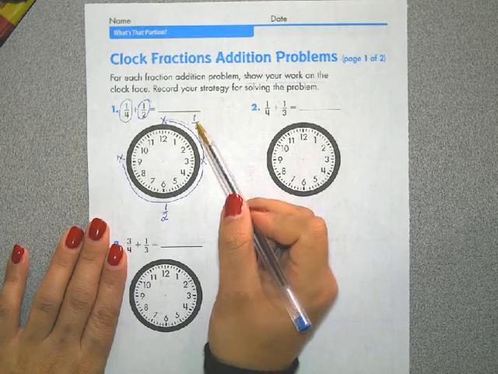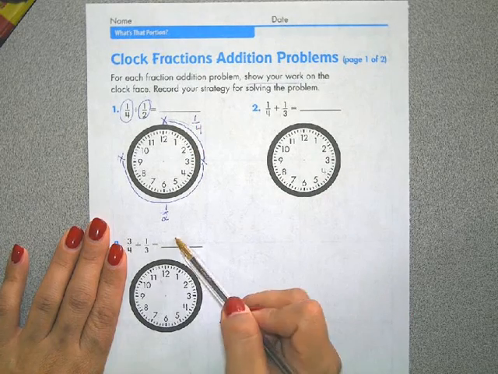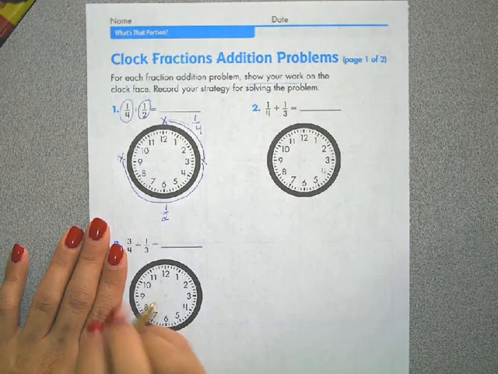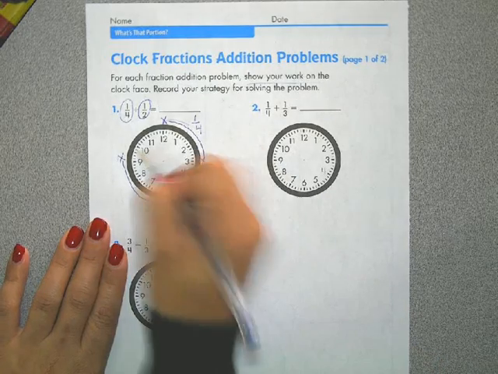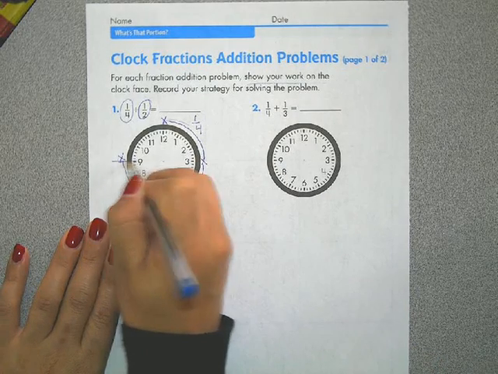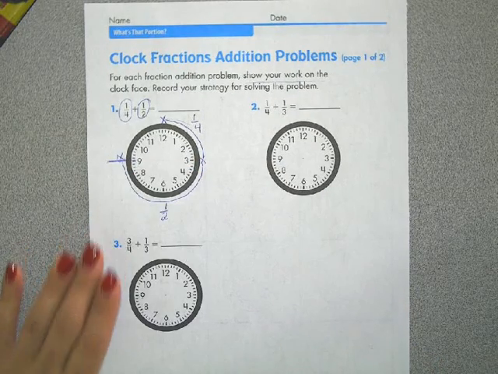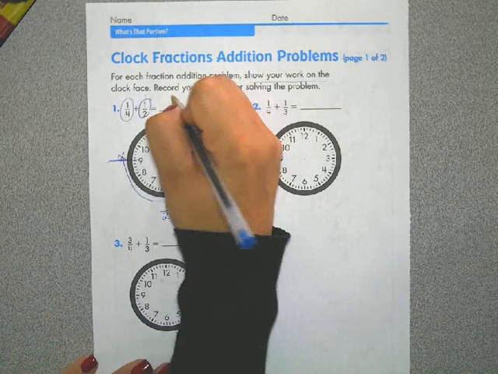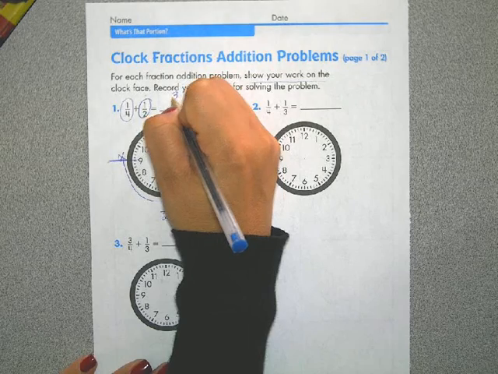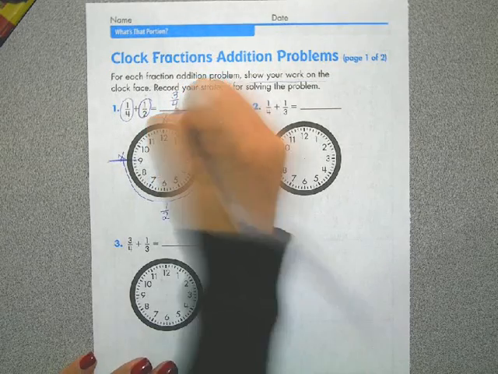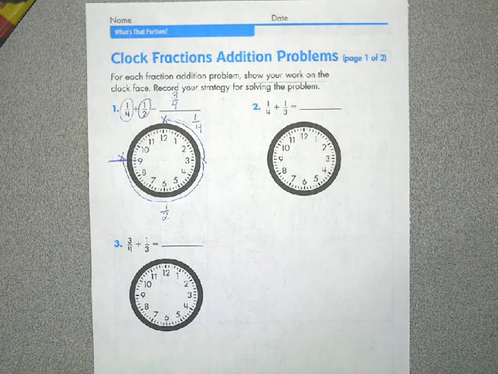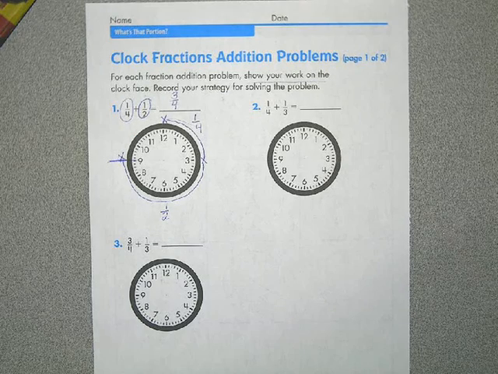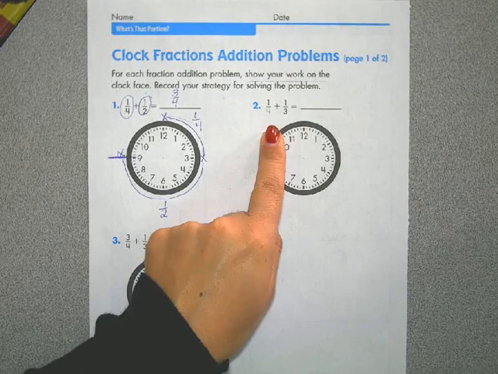The first thing it said was show your work on the clock face. This is how we show our work. You have to label these or you don't get credit. Okay? Alright, what is my answer? I ended at the 9. What's my answer, Sarah? 3/4. Yes. So up here I'm going to say 3/4.